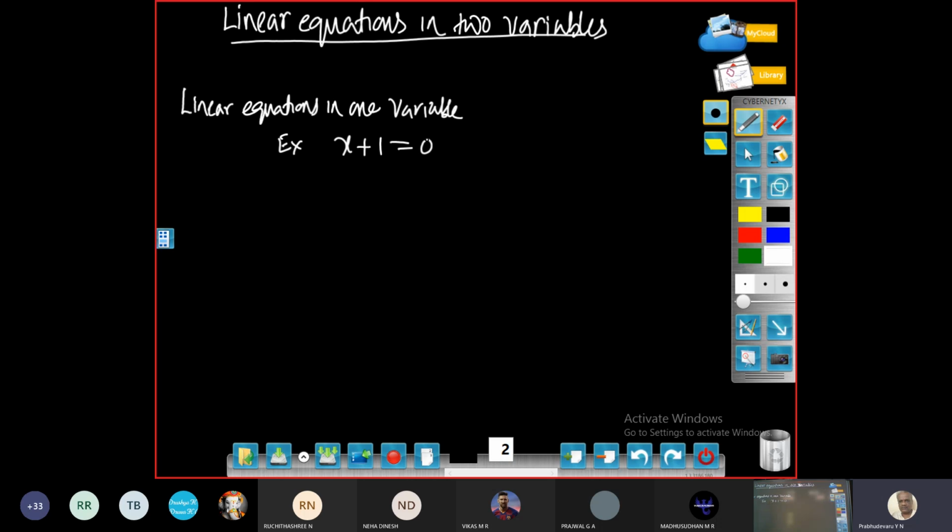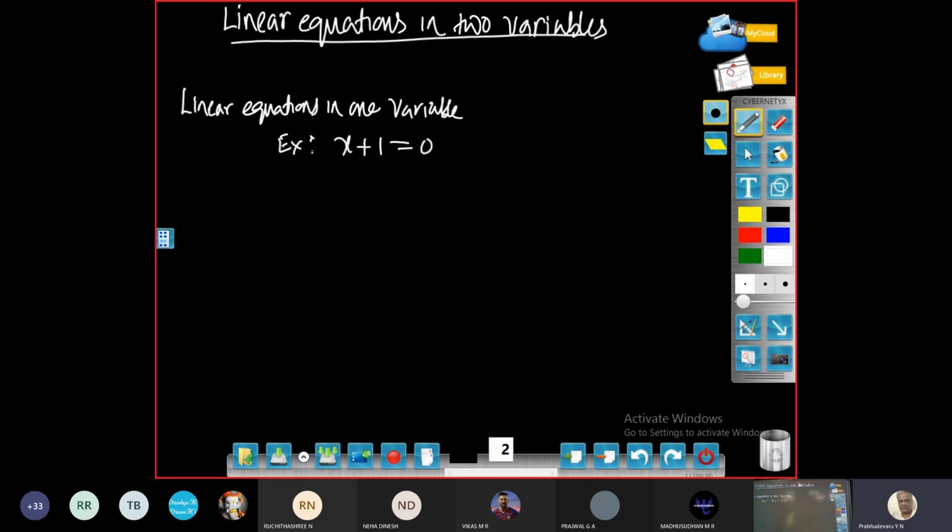Degree of the variable is 1. And if you plot the graph of this equation, you will get a straight line. That's why it is called a linear equation. The graph of this equation is a straight line, therefore it is called a linear equation. And it contains only one variable, therefore it is an equation in one variable.